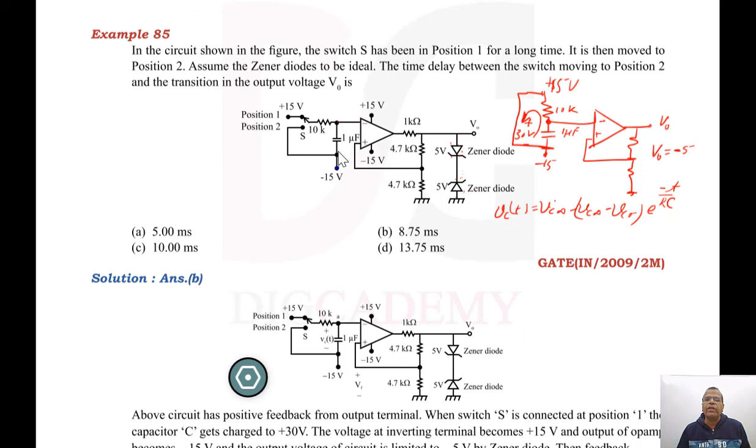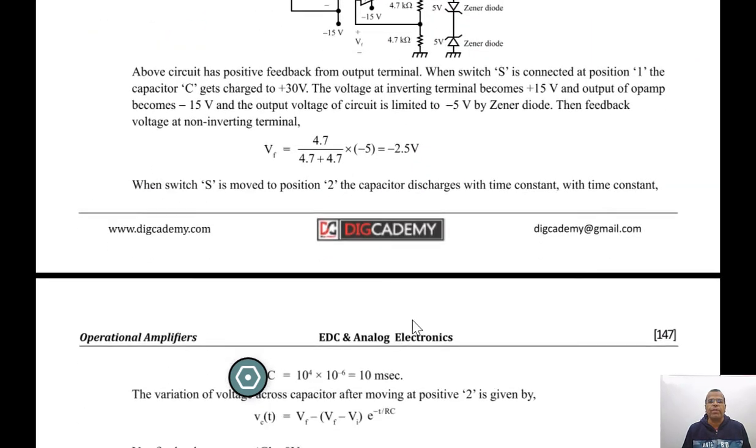Vc infinity in this case will be 0. Why? Because finally the capacitor will be fully discharged. But what is the initial voltage across the capacitor? That will be 30 volts. So the voltage across the capacitor at t equal to 0 will be 30 e raised to power minus t by RC. Let us see the solution.